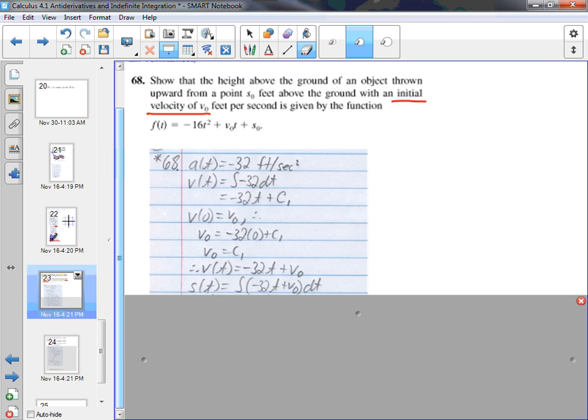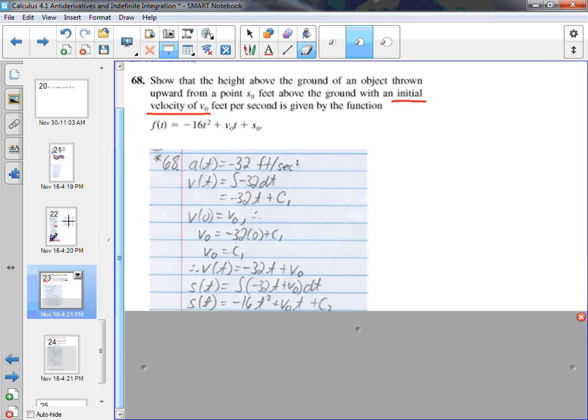It's negative 16t squared. Add 1 to the exponent, that makes it a 2. Divide your coefficient by the new exponent. Negative 32 divided by 2 is negative 16. And what's the antiderivative of v0? Remember, v0 is a constant. So it's v0t, just like the antiderivative of 5 would be 5t. Plus c. I call this one c2.